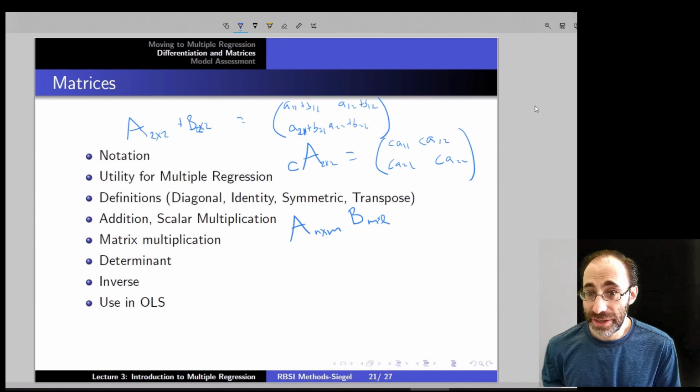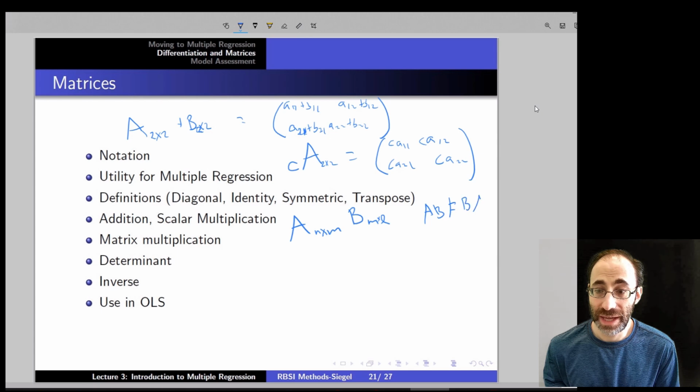Because of that as well, AB is not the same as BA in general. A times B will not equal B times A as a general rule. Matrix multiplication is not commutative, unlike scalar multiplication. If I have 2 numbers, A times B also equals B times A. If A and B are matrices, A times B does not equal B times A in general.